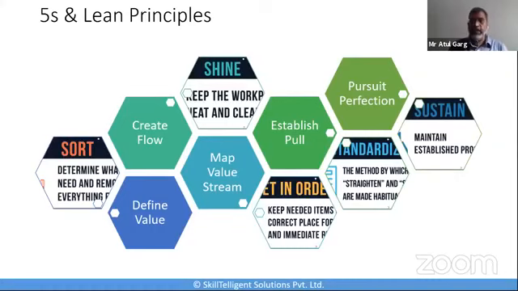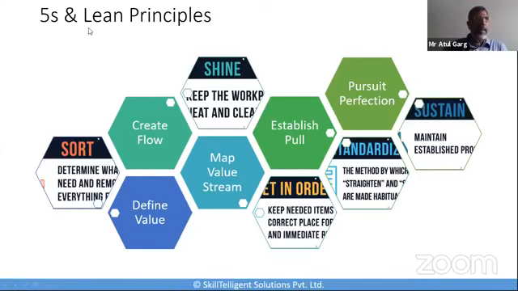So my standardized processes will establish the pull, and that's how the fourth principle of lean gets mapped over here. The fifth one, sustain, will be equivalent to working towards perfection. That's where we want every practice we have established to continuously happen, continuously improve, and be self-sustaining, which is nothing but working towards perfection.